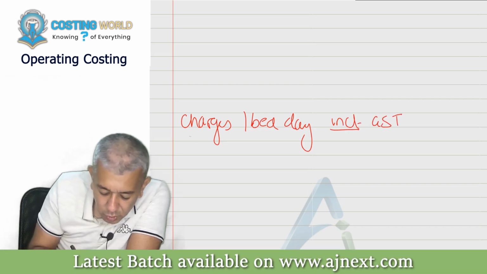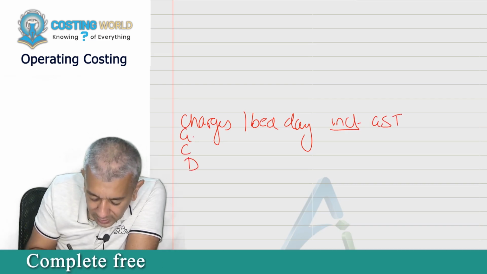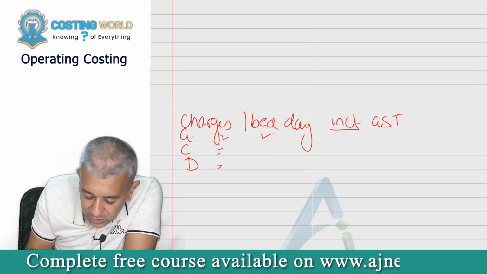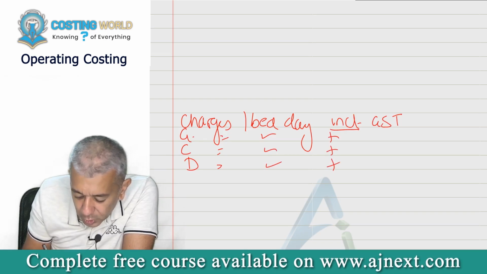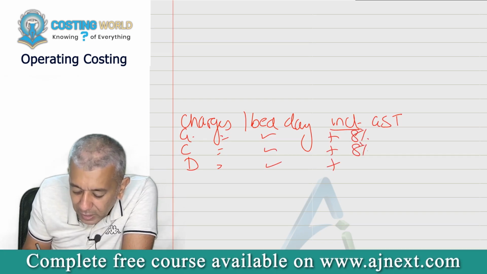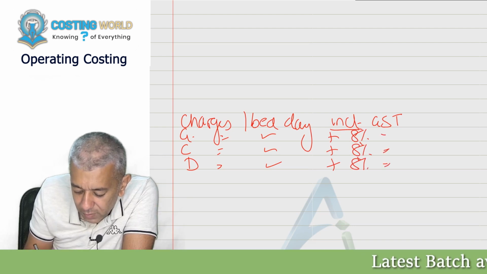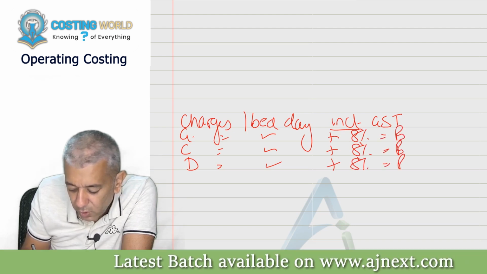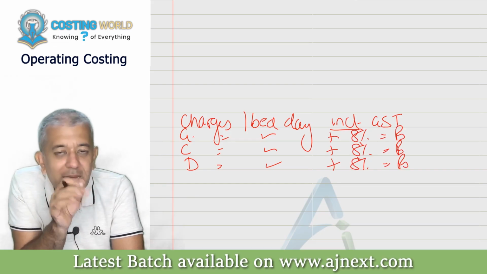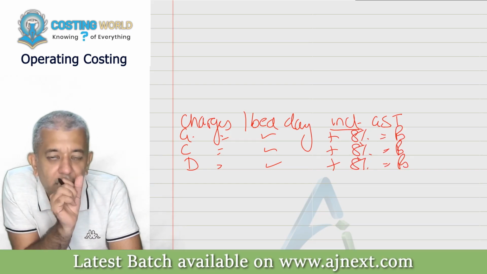GST. So general ward, cottage ward, deluxe ward, whatever are those 3 answers, you increase these figures by 8%. And these will be your final 3 answers. Can I be sure that you will be able to do it?